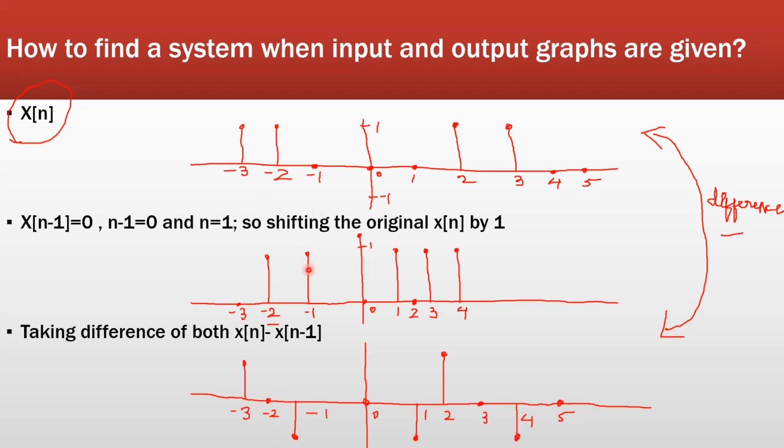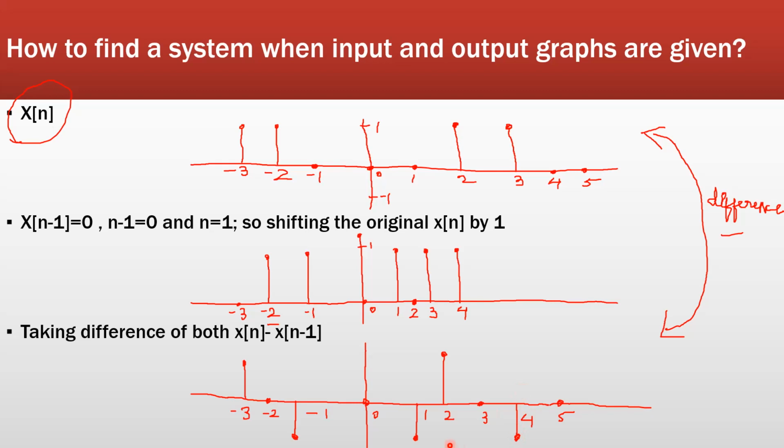At -1 it is 0, 0 minus 1 is -1, so we'll get an impulse at -1. 0 minus 0 is 0, so here it is 0. 0 minus 1 is -1, so we will get an impulse of -1. 1 minus 0 is 1, so we will get an impulse at 2 that is 1. 1 minus 1 is 0, so we get a 0 over here. At 4 we have 0 minus 1 is minus 1, so we'll get an impulse of minus 1 over here.